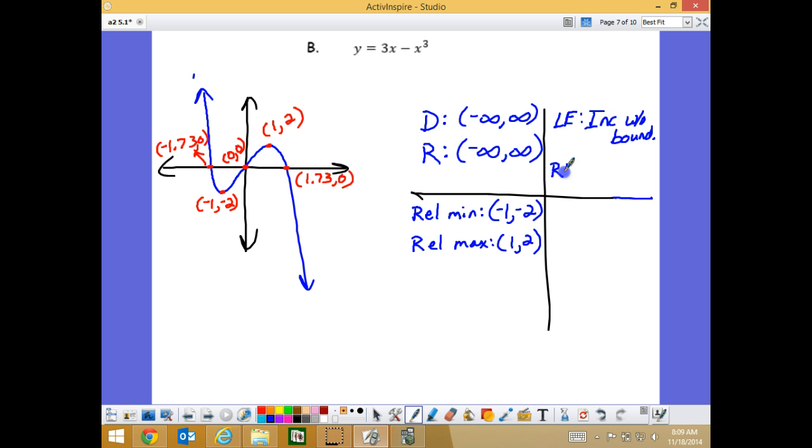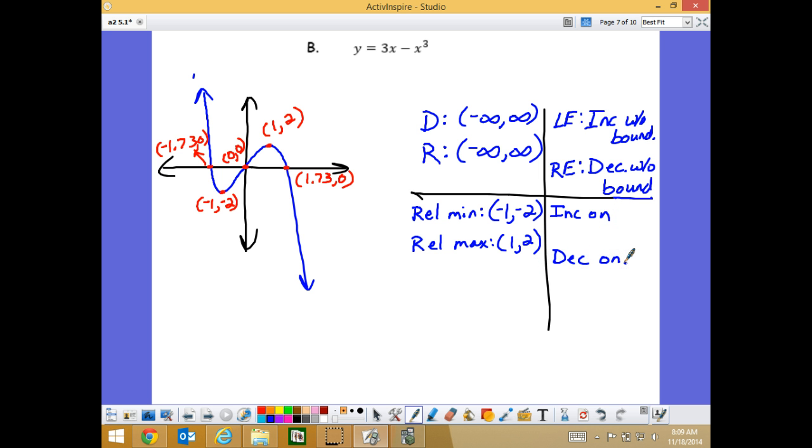And the right end, it's going down and down and down. So that is decreasing without bound. That's the end behavior. So the last thing is, on what intervals is it increasing and decreasing?